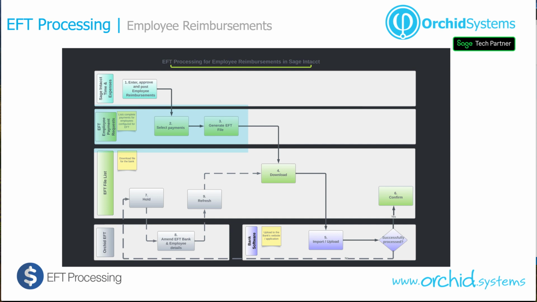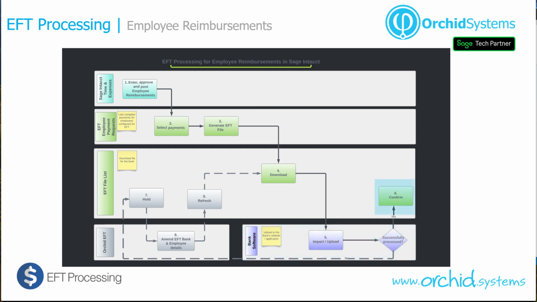So you would select those payments and generate the EFT file. And then you would use the EFT file list to download the file, and then use the bank software or your SFTP software to import or upload or SFTP that file through to the bank.